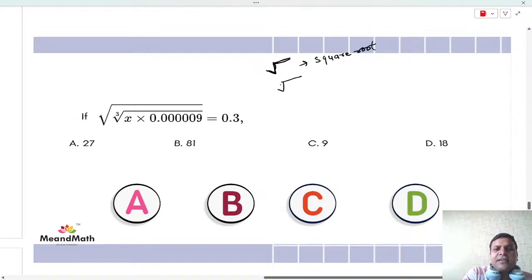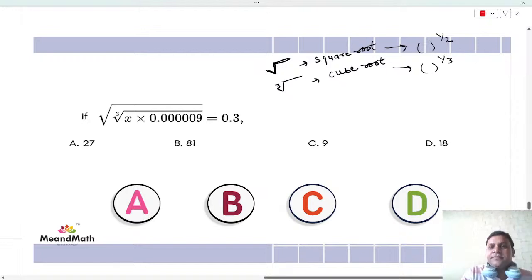If this symbol is there, then it means cube root. For the new students, I'll tell you that you can write square root as power of 1 by 2, or cube root as power of 1 by 3.